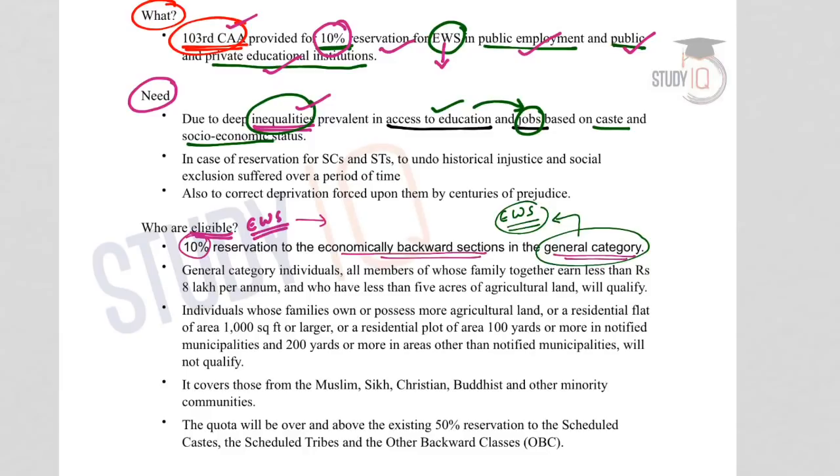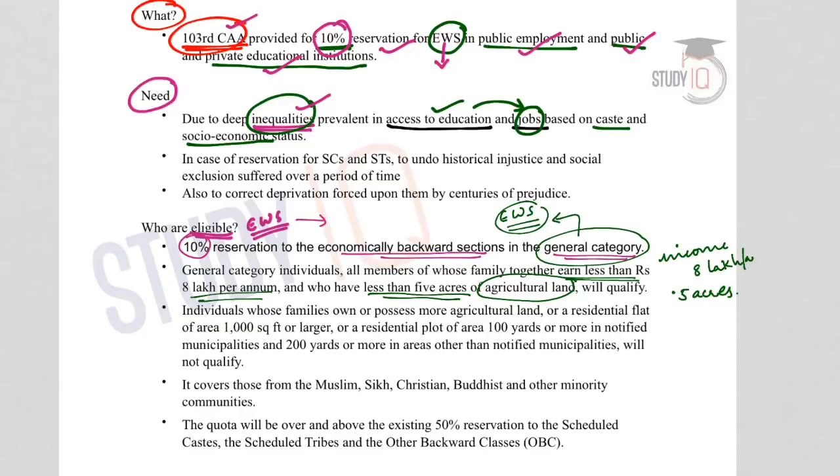General category individuals, all members of whose family together earn less than 8 lakh per annum. So the income cap is set at rupees 8 lakh per annum. The second is those who have less than 5 acres of agricultural land. So in case of land, 5 acres is the maximum cap.